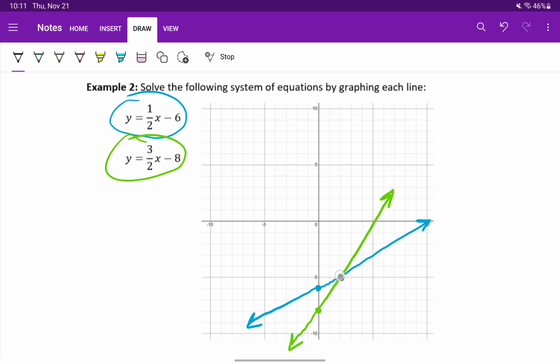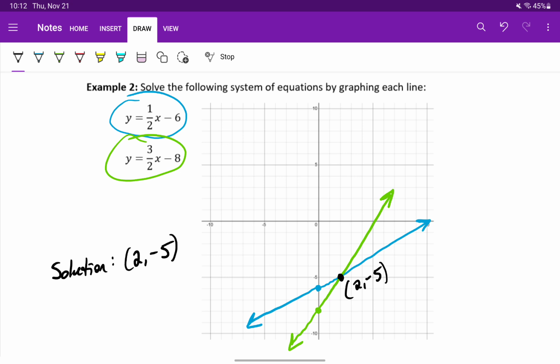And then we have our point of intersection, which is the xy pair that's a solution to both equations, occurring at x equals 2, y equals negative 5. So our solution in this case would be that coordinate pair 2, negative 5.